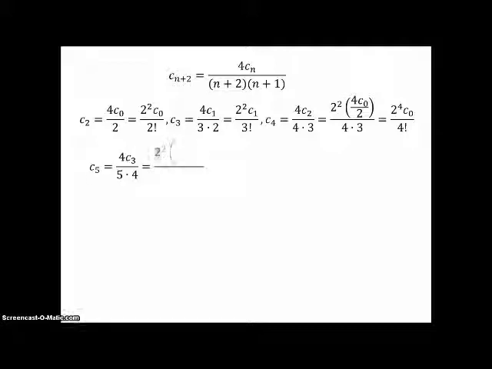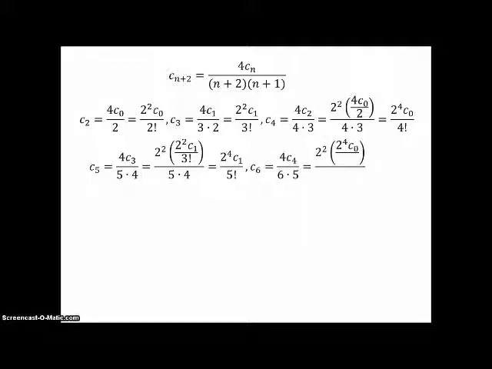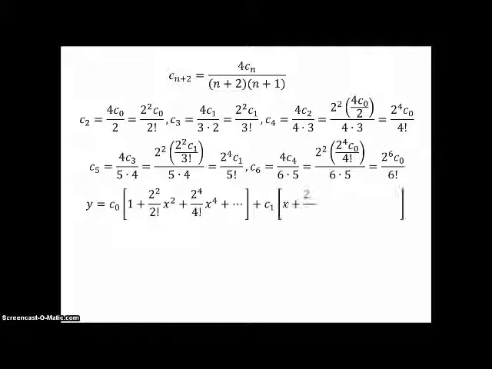We get C5 first in terms of C3, and then finally in terms of C1, and C6 is going to be in terms of C0 after we do some substitutions. So let's get that organized and factor out our C0 from the even powers of x and factor out C1 from the odd powers of x.